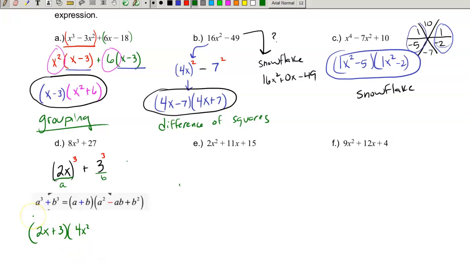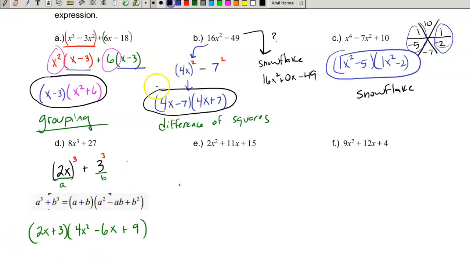Okay, so 2x, all parentheses, squared would become 4x squared, minus a times b. Well, let's look at that. a is 2x and b is 3, so this becomes a 6x. And then plus b squared. b squared, in this case, will be 9. So that's our start here.